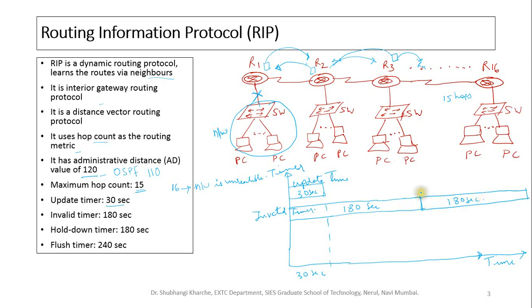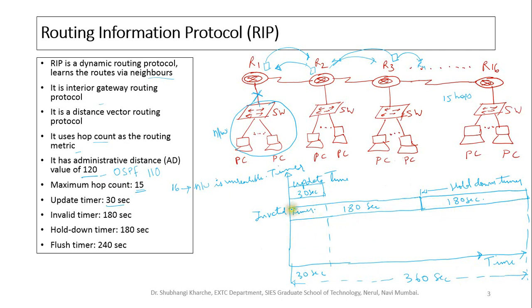This timer is called the hold down timer, during which the routers will not update any new information about the failed route. It occupies a total duration of 180 seconds after the invalid timer period.